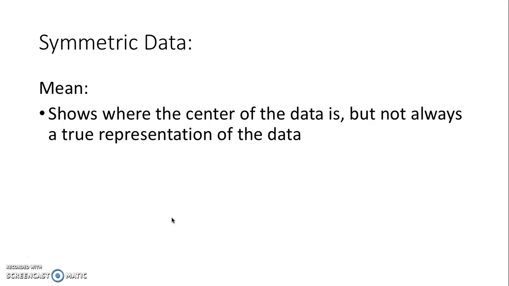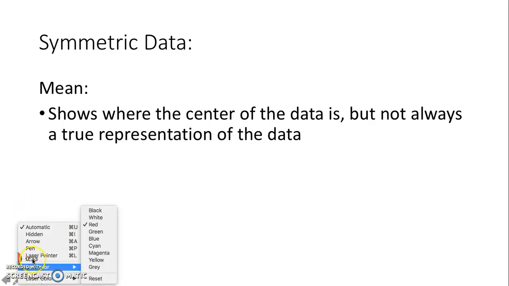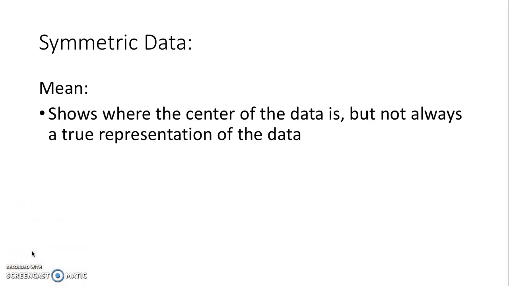So symmetric data is the first type of data that we're going to be talking about. Symmetric data is the type of data that when you graph it out or when you lay it out, it is symmetric or equal on both sides. So we can look at that by looking at maybe a dot diagram.